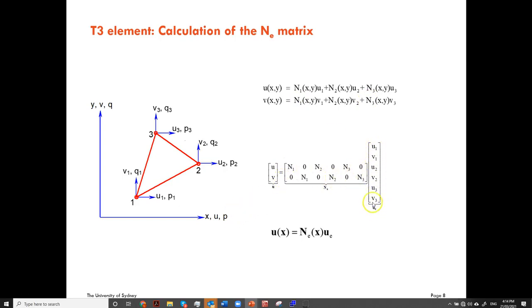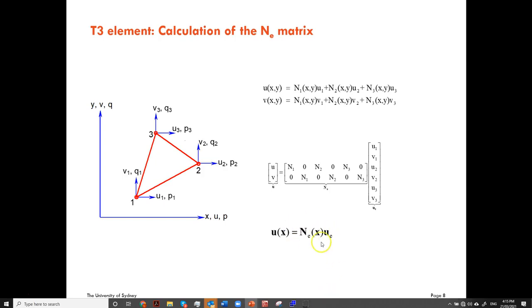So this is the column of all the degrees of freedom of the element, and this is a column with the 2 degrees of freedom of any displacement inside of the element, and this is written like this. So this is the displacement inside of the element, this is the N matrix, and this is going to be the vector of all degrees of freedom.